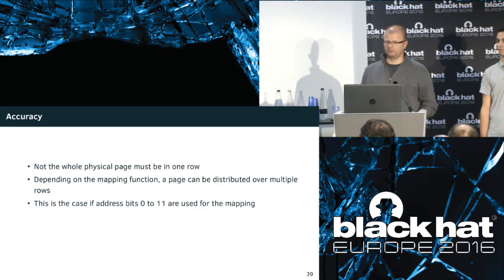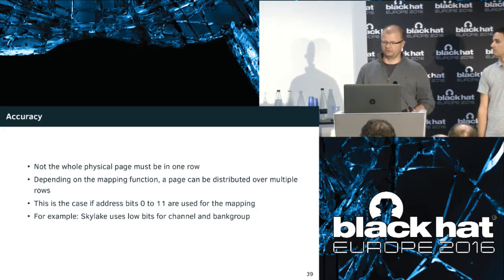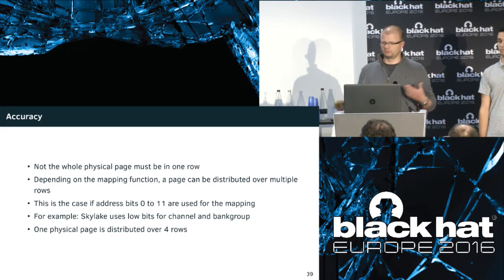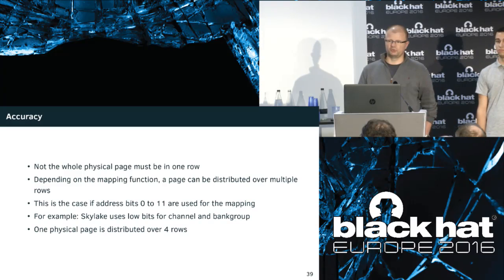And this happens when the lower bits, which are not translated, the 0 to 11 bits, are used for this mapping. On Skylake, for example, there are low bits that are used for selecting the channel and the bank group, essentially the bank, and thus the physical page gets distributed over 4 rows.